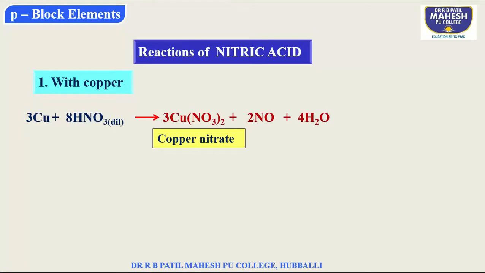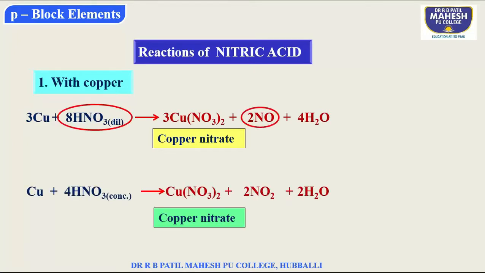When copper reacts with concentrated nitric acid, we are going to get cupric nitrate as a product along with nitrogen dioxide and water. Students, remember the products of nitrogen in these two reactions, they ask in competitive exams. When copper reacts with dilute nitric acid, we get nitric oxide or nitrogen monoxide as a product. When copper reacts with concentrated nitric acid, we get nitrogen dioxide as the product.